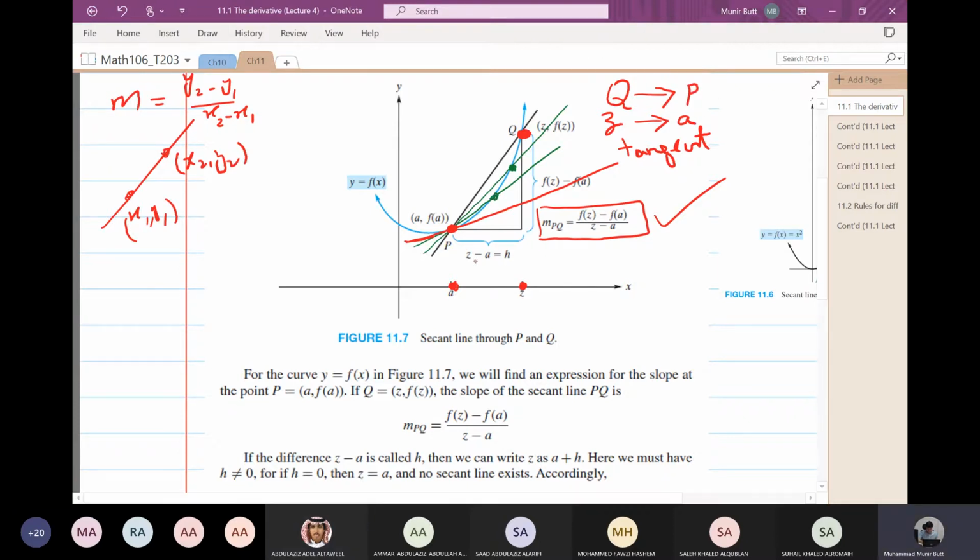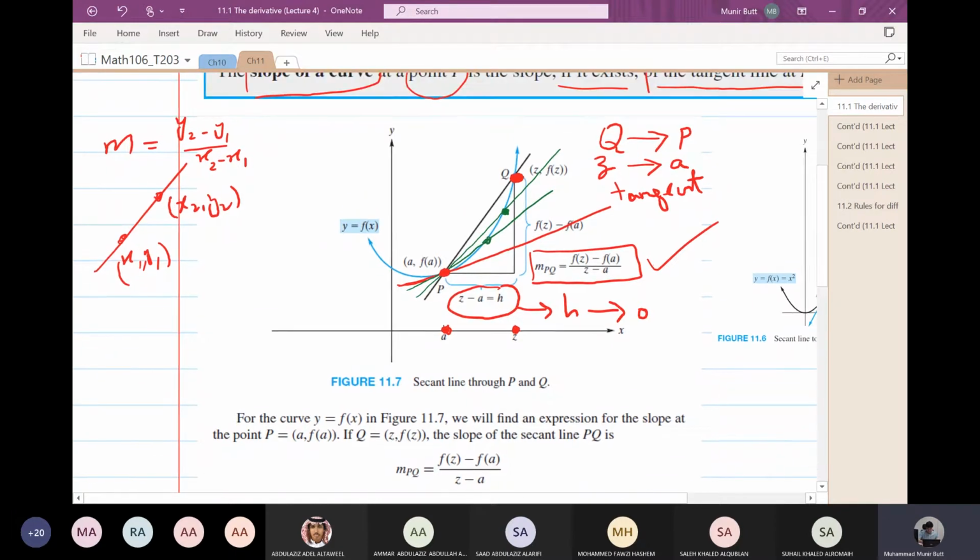So if we call this distance h, this distance is going towards 0. The whole idea, summing up, is that if we have a PQ secant line, and the distance between the two arguments on the x-axis becomes very, very small, this secant line will become the tangent line. And this tangent is of course a straight line, and the slope of the tangent is again found using this formula.